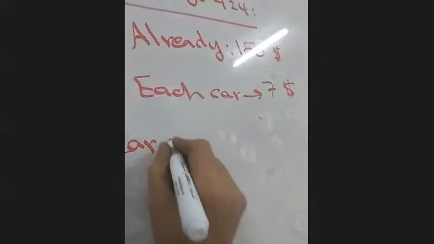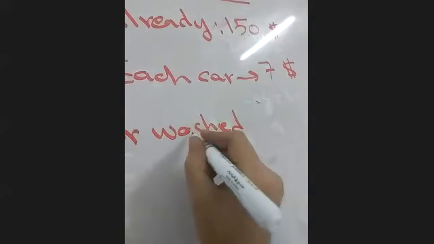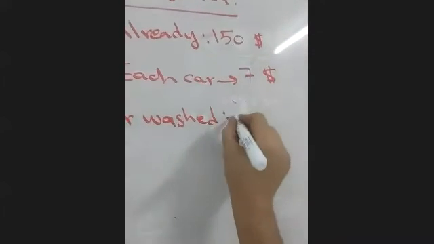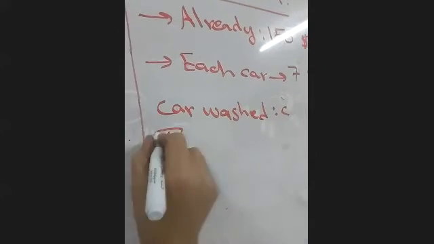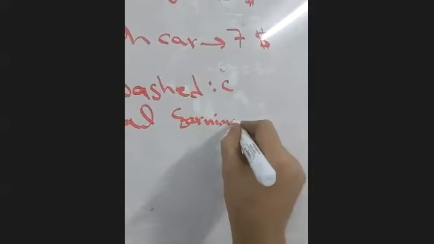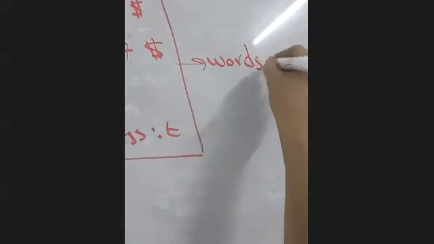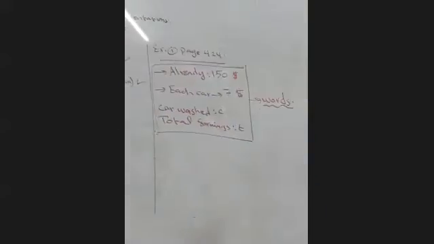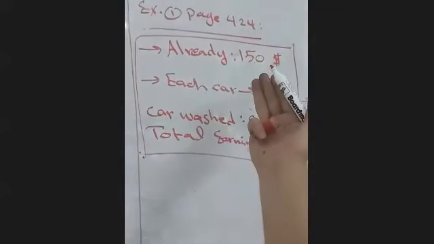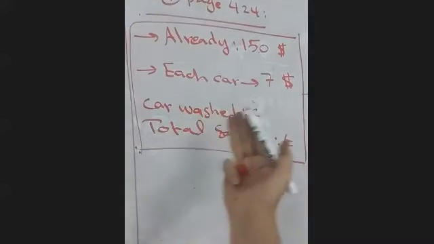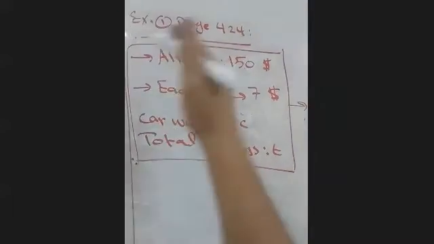They want us to represent the relationship between the number of cars washed, which they call C, and the total earnings, the total money, which they call T. So this is the words, the question text. They have already 150. For each car they get 7. The cars washed C, the total earnings T, and they want the relationship.